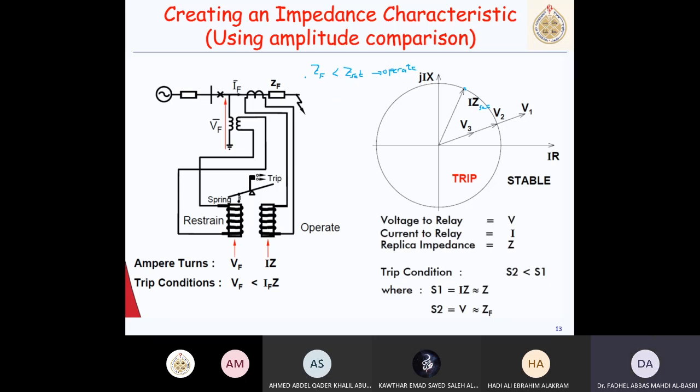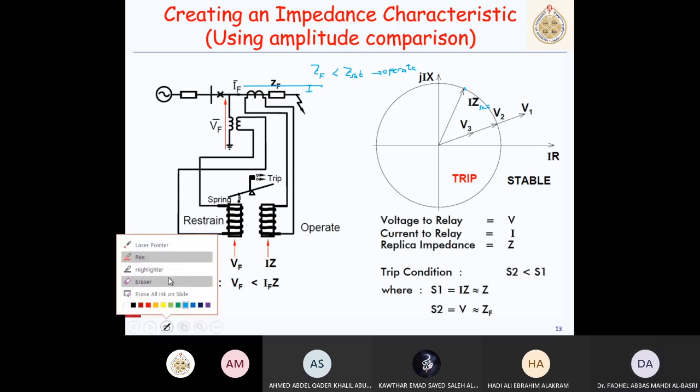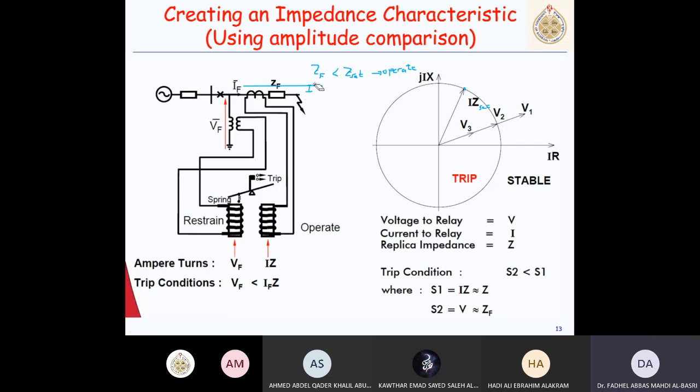Now, for Z setting, if I multiply both sides by I, so I times ZF is less than or equal to Z setting times I also.